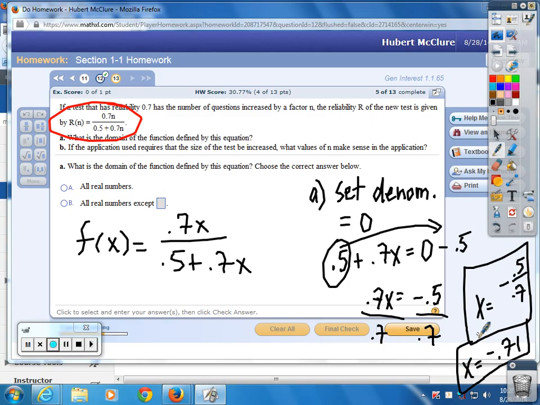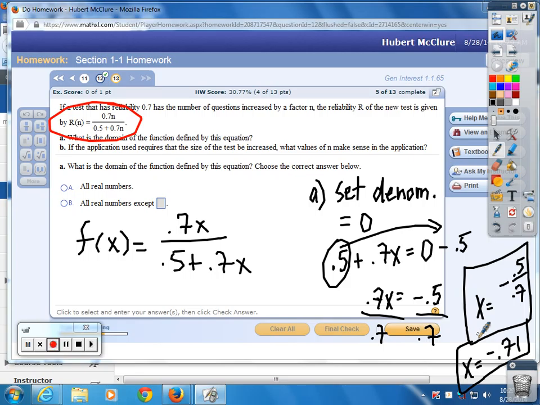So if I plug negative 0.71 into this function, what's going to happen? I'm going to get what in the denominator? And the function will do what if 0 is the denominator? It'll blow up. It'll not exist. It can't exist. So I cannot use negative 0.71, can I?